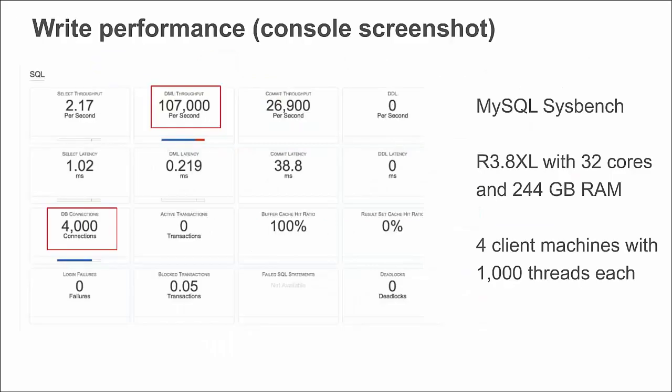Now let's look at the numbers that we have seen in our tests. This is not just one test. This is after doing a battery of tests that give us much higher performance numbers many other times. So this is the consistent numbers that we have seen on a regular basis. And these are really good performance numbers for any database.